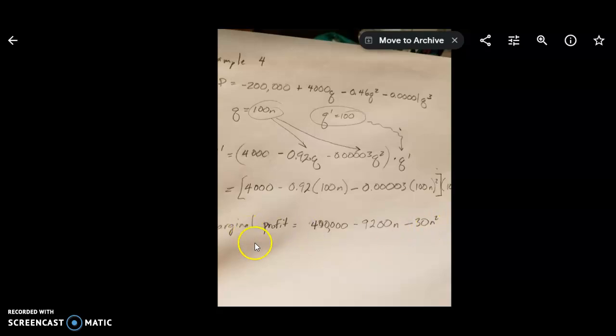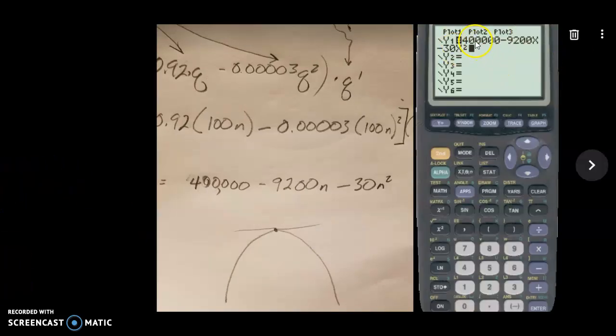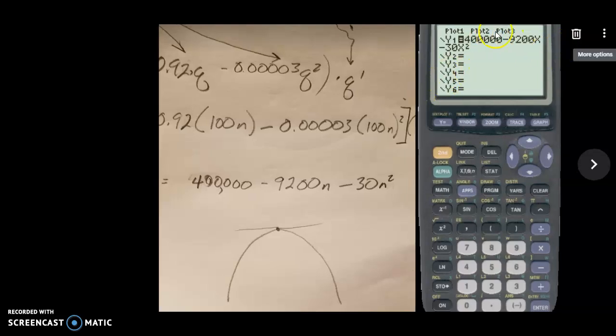And so basically this is going to be kind of an upside down quadratic equation. Time for the calculator. So I put the function in 1, 2, 3. So here's the calculator. I changed the window so it went up to 400,000. I graphed it. Looks like this.